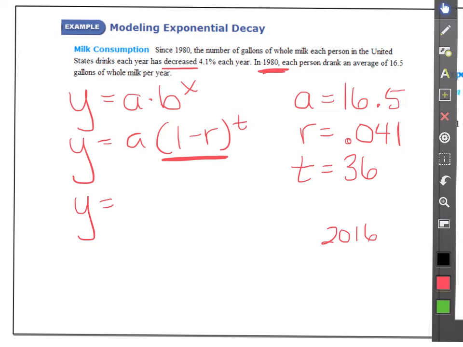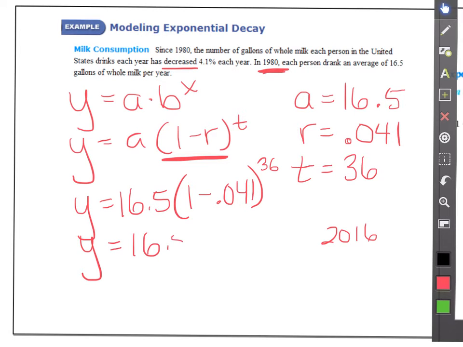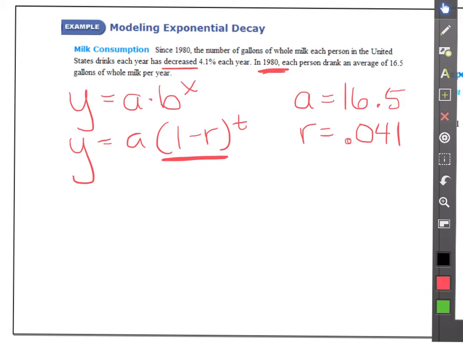So now that we have all of our important numbers, go ahead and substitute those into your model. And we're looking at 36 years since 1980. Again, with your calculator, watch your order of operations. This number inside the parenthesis gives you 0.959 to the power of 36.